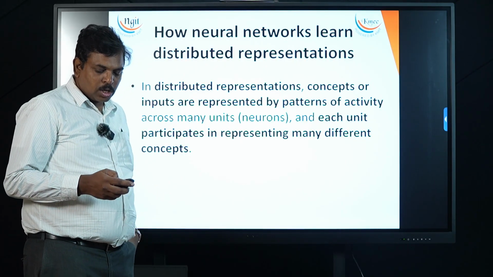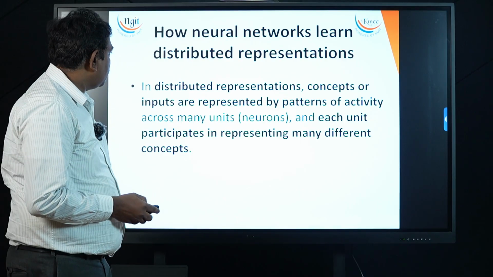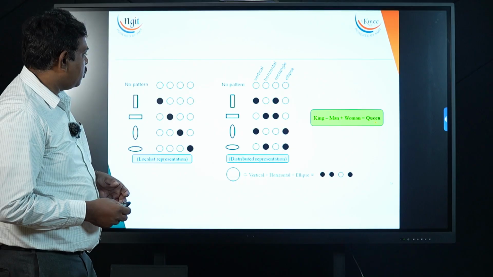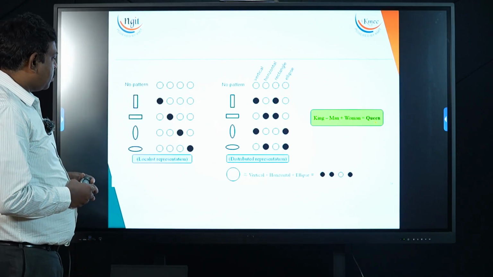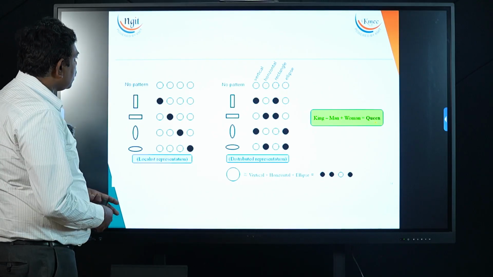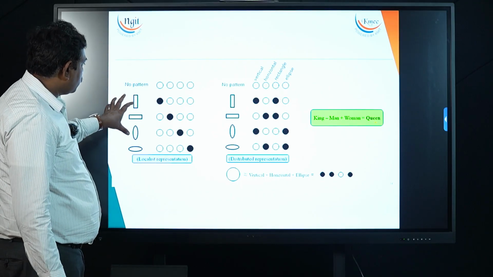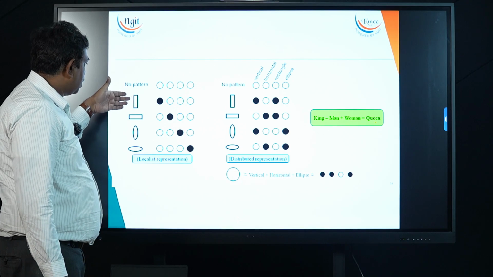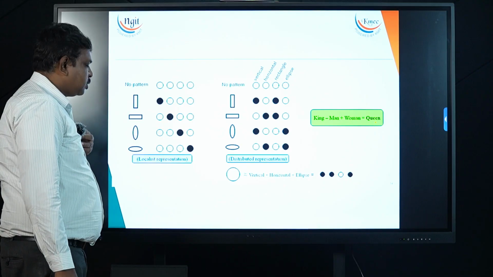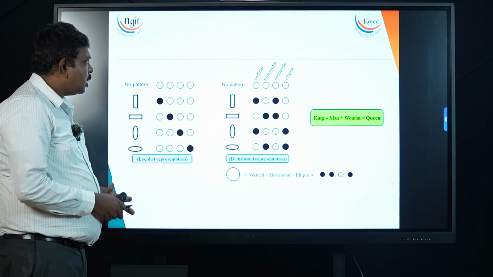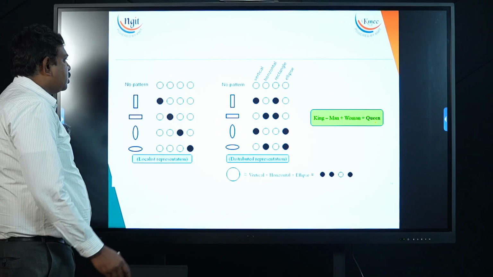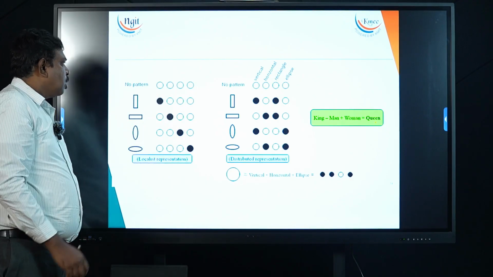Before distributed representations, we used to have local representations. Let us see one example where localist representation is done. Suppose there are four shapes: vertical rectangle, horizontal rectangle, vertical ellipse, horizontal ellipse. If we employ a neural network to learn these features, I use four neurons.